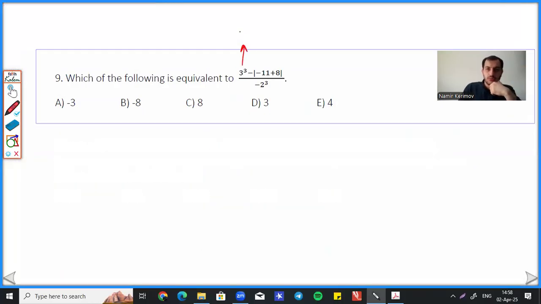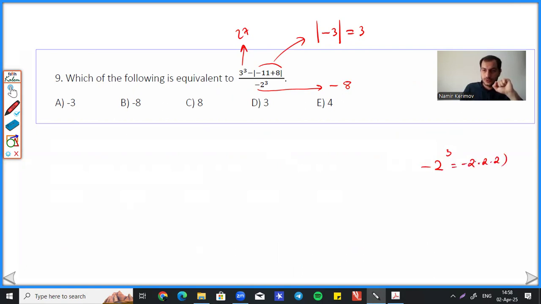In question 9, 3 cubed is 27. Absolute value of negative 11 plus 8. Negative 11 plus 8 is negative 3. So the absolute value of negative 3 is positive 3. And here, that will be negative 8. As you know, negative 2 cubed is negative 2 times 2 times 2.